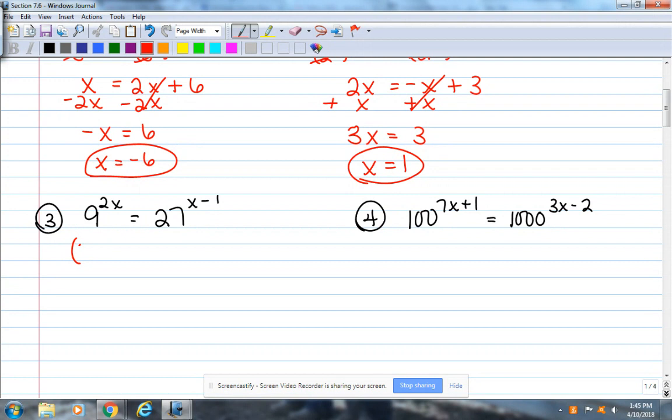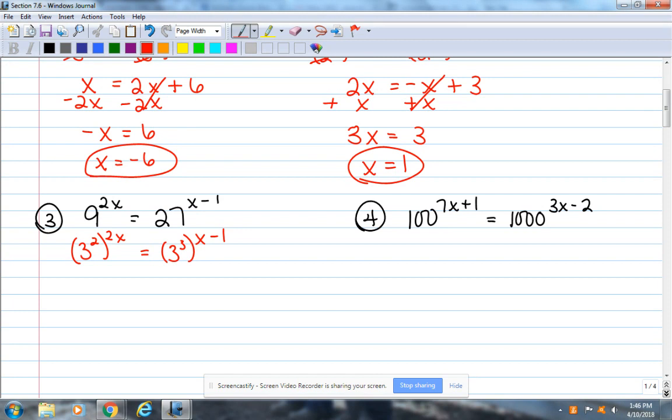So that's going to be 3 squared to the 2x equals 27 is 3 to what power? 27 equals 3 to what power? The third power. Are y'all with me how we got them both base 3?